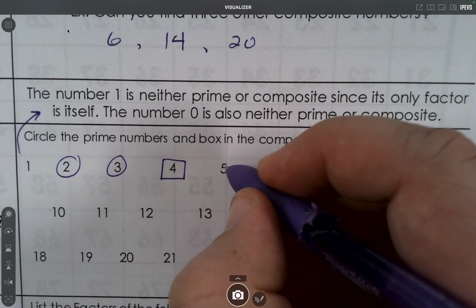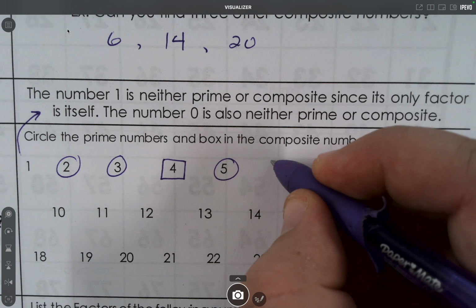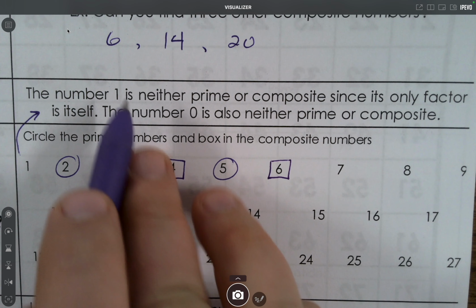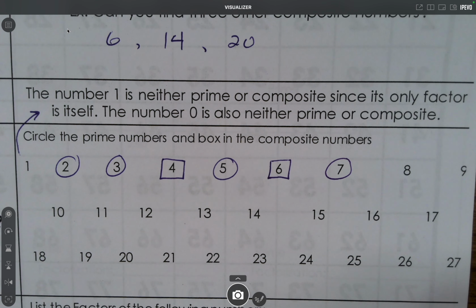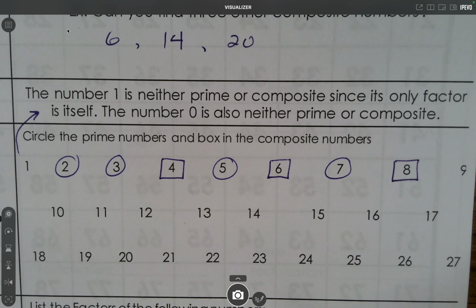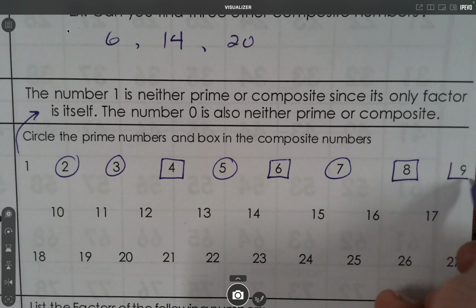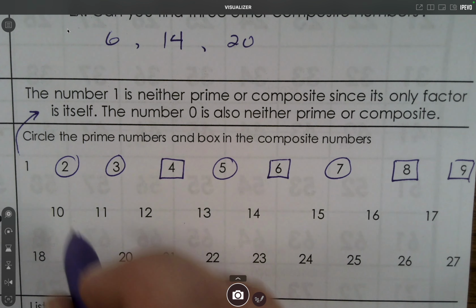That's 3 factors. 5 is prime, only 1 and 5. 6, as we already pointed out up here, is a composite. 7's prime, because nothing goes into it except 1 and 7. 8's composite, because 1, 2, 4, and 8 all go evenly into it, so that's, I think, 4 factors. 9's also composite, because 1, 3, and 9 go into it, so that's 3 factors.